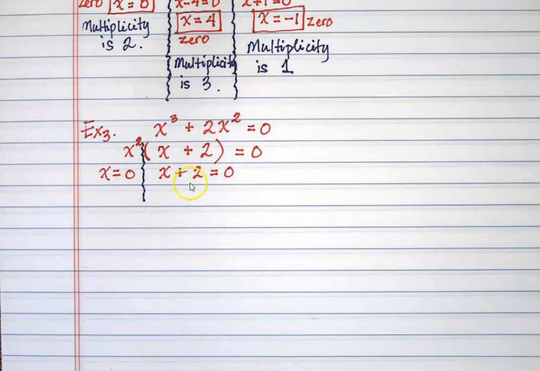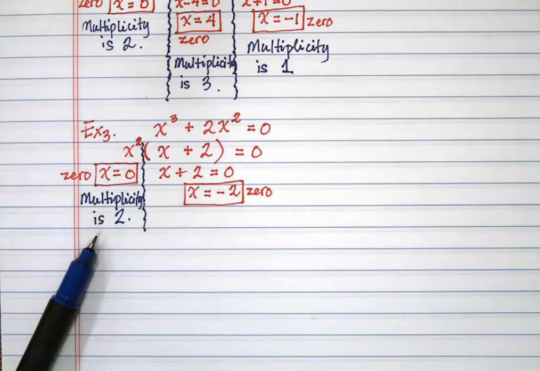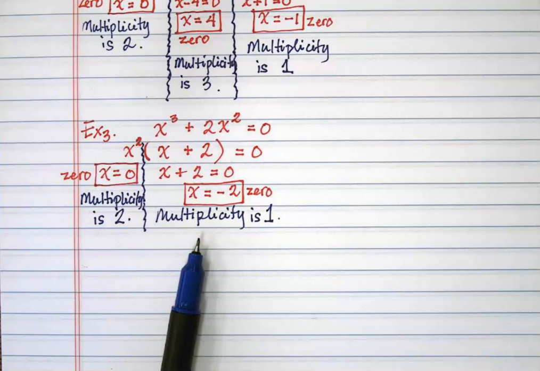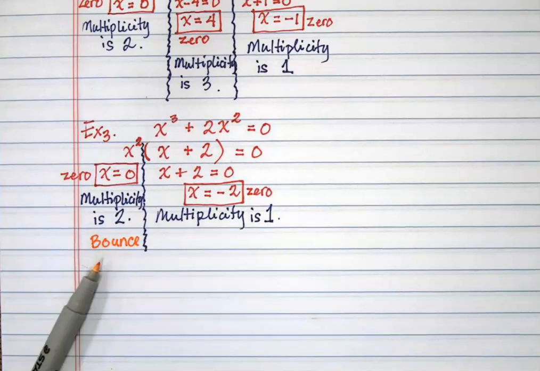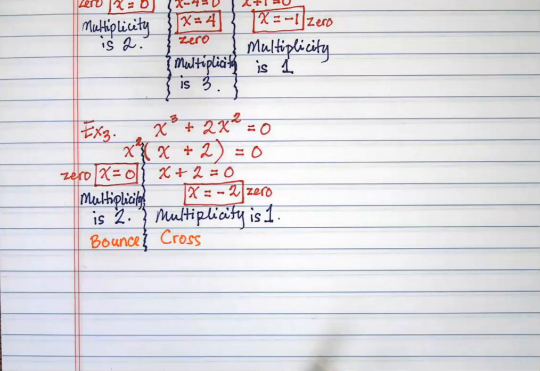Here, we're going to do the inverse of positive 2. Therefore, this is going to be a negative 2 on the other side. So here, the multiplicity is 2, while for here, the multiplicity is 1. At this 0, your graph will bounce, and at this 0, your graph will cross.